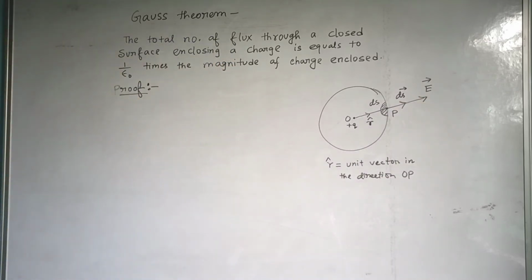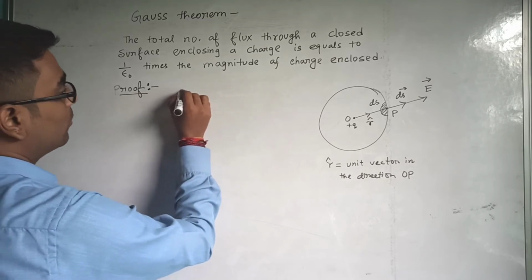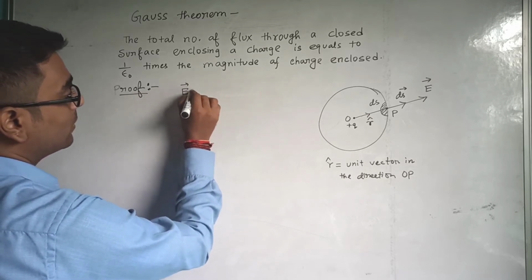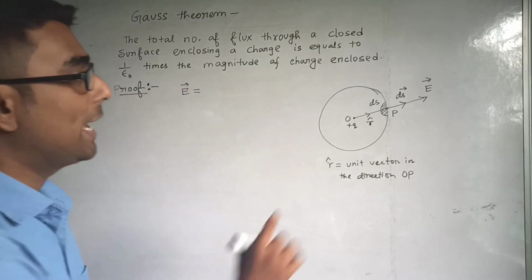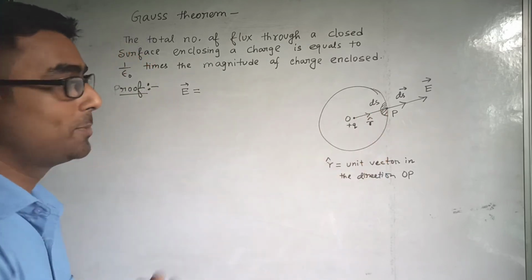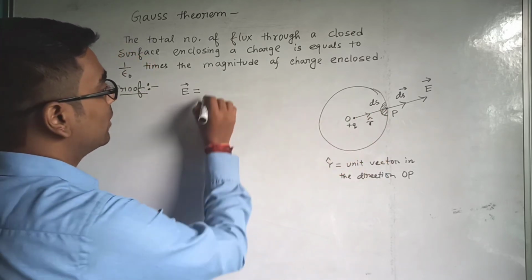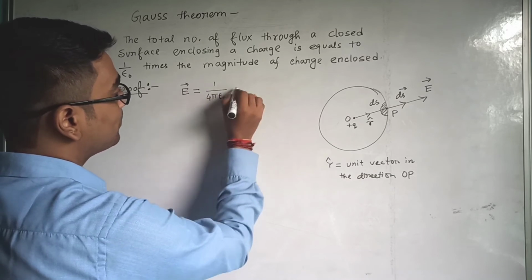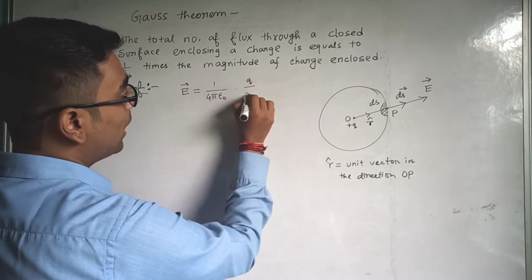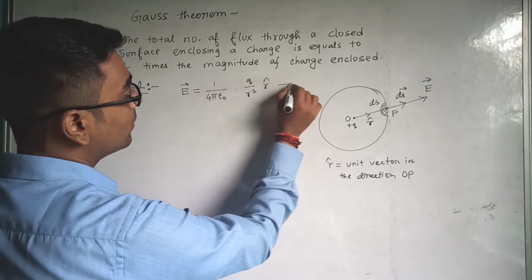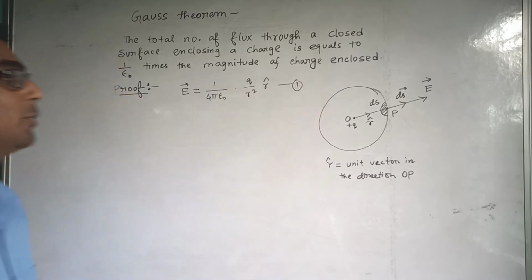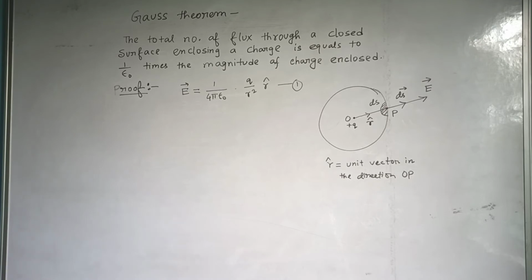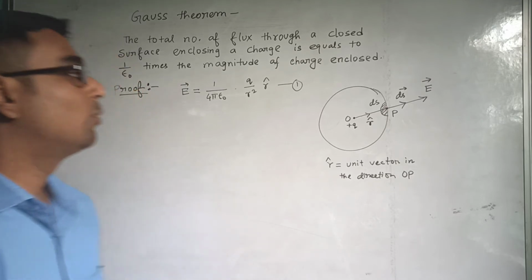Now we can write the electric field at point P due to plus Q charge as 1 by 4 pi epsilon naught Q by r square r cap. Suppose it is equation 1.